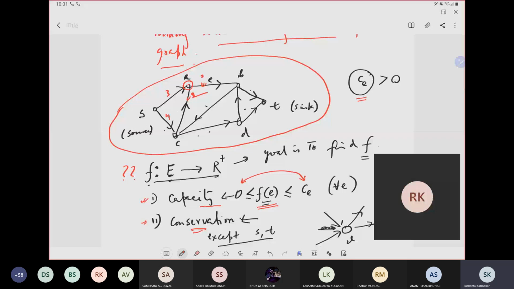Okay, and in this condition, I need to find a mapping for every edge to some real number such that it satisfies these two conditions, capacity and conservation. Not only that, I can generate many such functions, but I'm not interested in all of them.